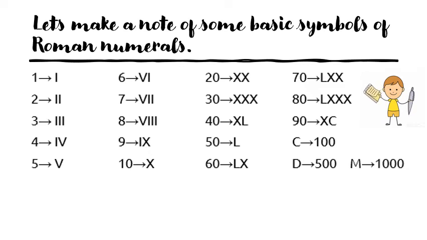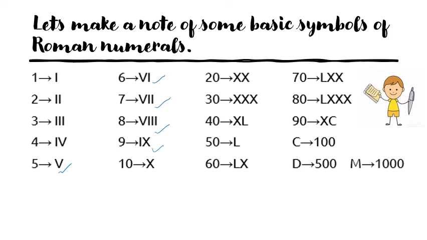So we write I on the left hand side of V. Okay, now 5 has its own symbol V. To represent 6, we add 1 to 5. Therefore, VI represents 6. To write 7, we use VII, which shows 5 plus 1 plus 1. To write 8, we use VIII, that is 5 plus 1 plus 1 plus 1 equals to 8.